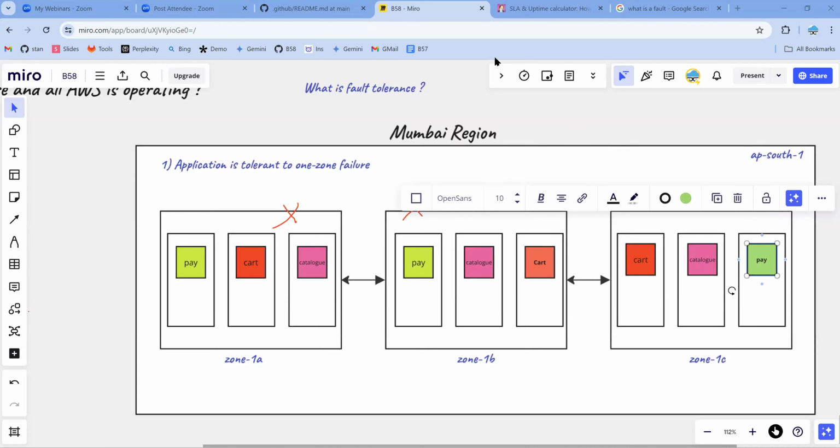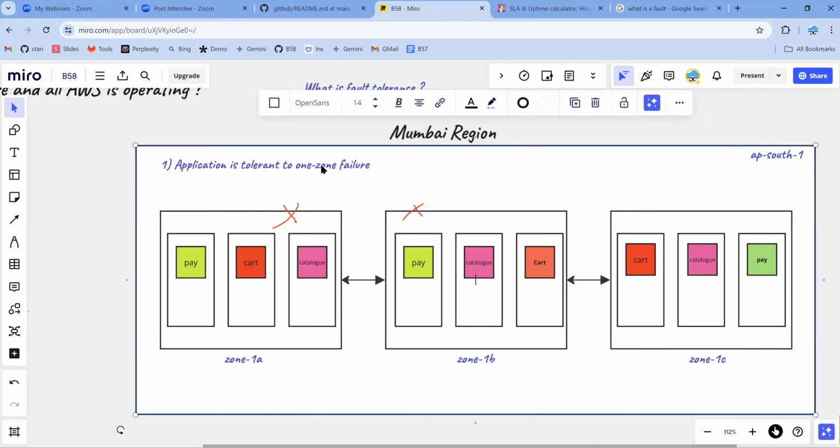I got 100% response. This is seamless, guys. This is really good. So yes, this application will work, because this application is tolerant to 2 zone failure.